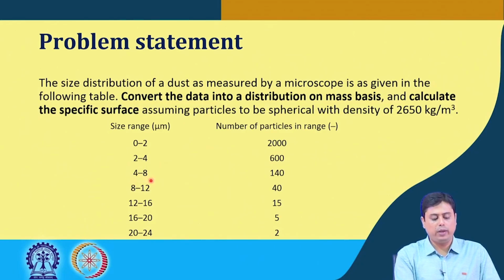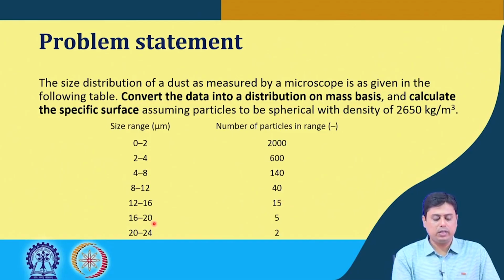From 4 to 8 micron range, we find the number to be 140 number of particles in that sample. From 8 to 12 micron size particle, in this range we find there are 40 number of particles. So as the size increases, we see lesser and lesser number of particles. From 12 to 16, we find that number to be 15.